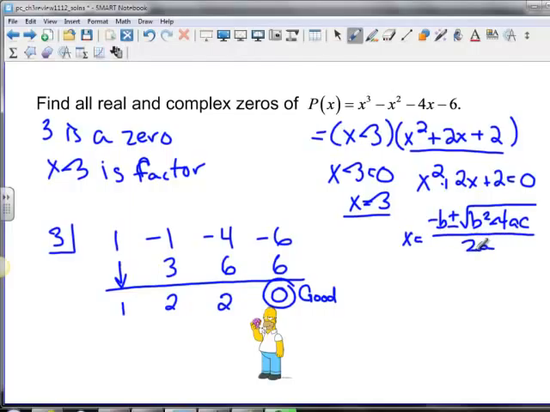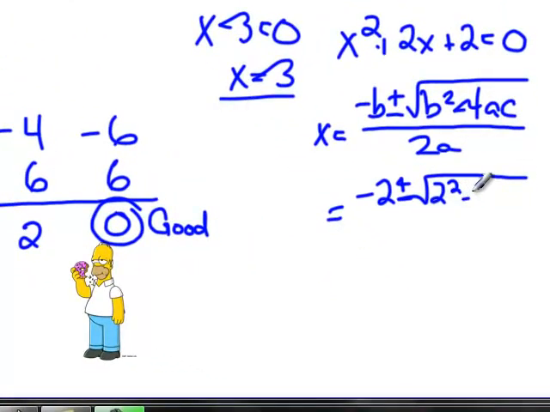If you have Mr. Clark, he'll race you. If you have Mr. Rawls, he'll sing it for you. -2 plus or minus the square root of 2 squared minus 4 times 1 times 2, all over 2 times 1, sorry.